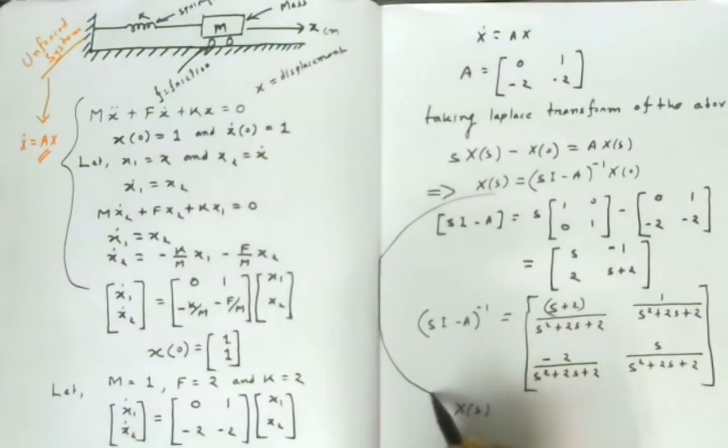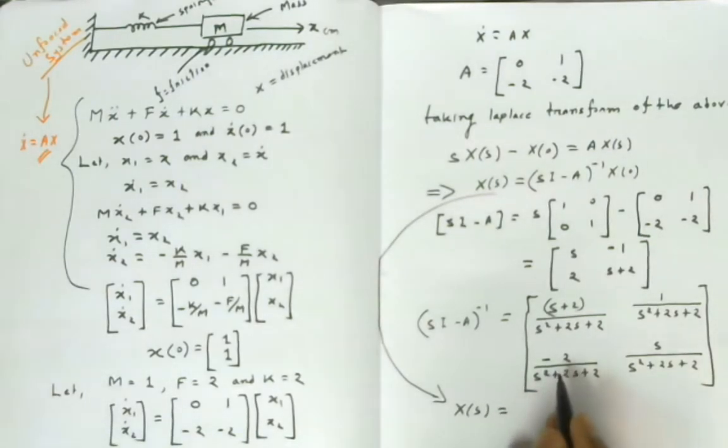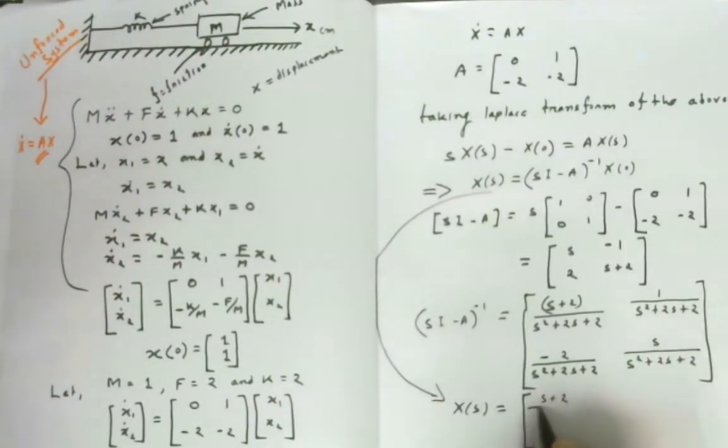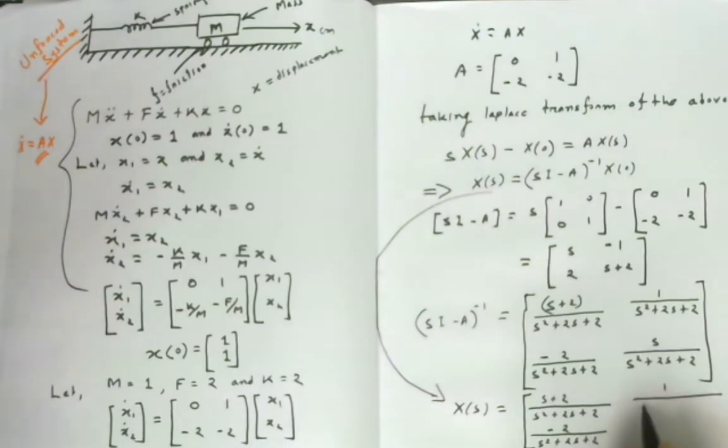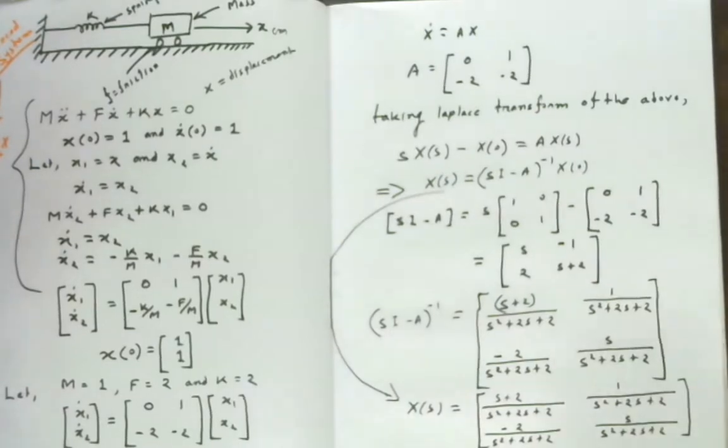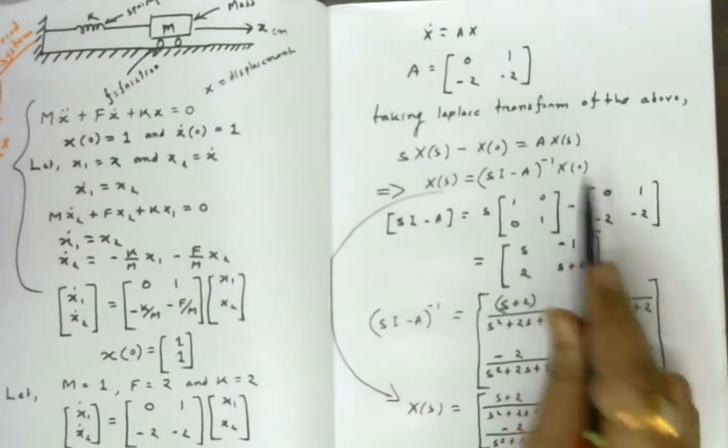So from this equation X(s), this matrix is plus 2, multiplied with x(0), right? x(0) is given as [1 1].